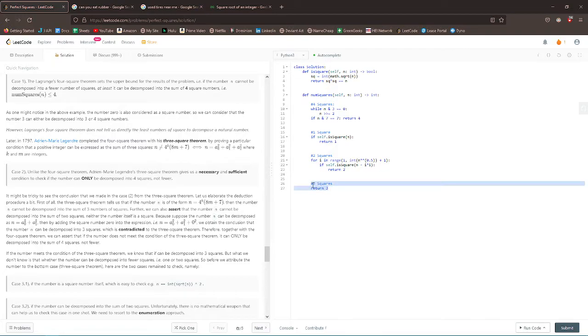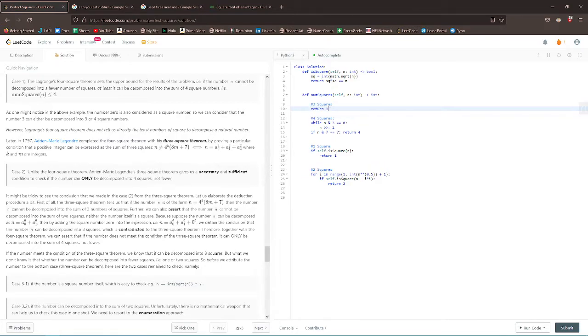I could see, like, let's imagine 3 squares are by far the most common thing. In that situation, you might actually want this code up top, even if it takes the longest time. You might want to check, is the number the sum of 3 squares?